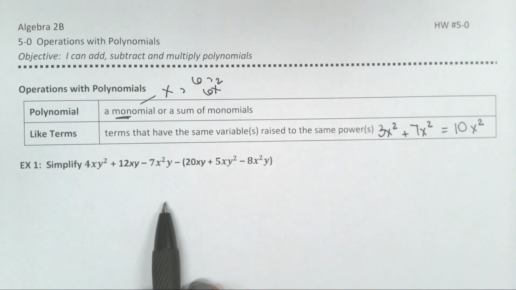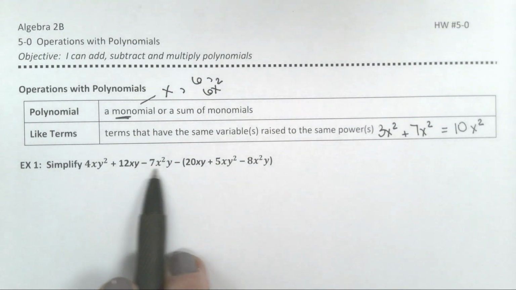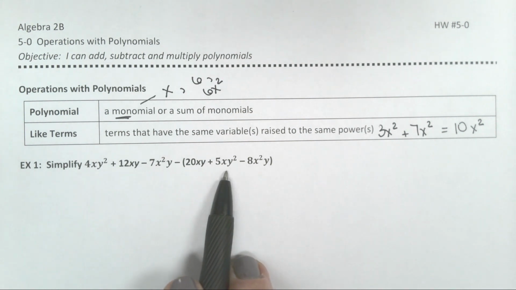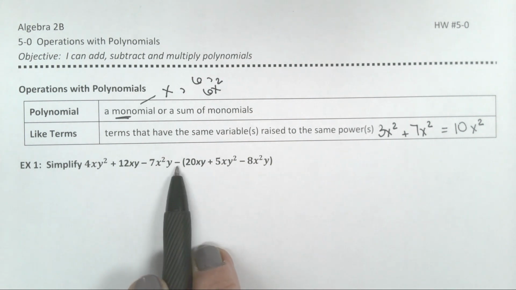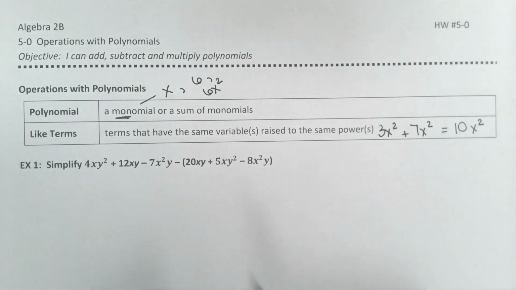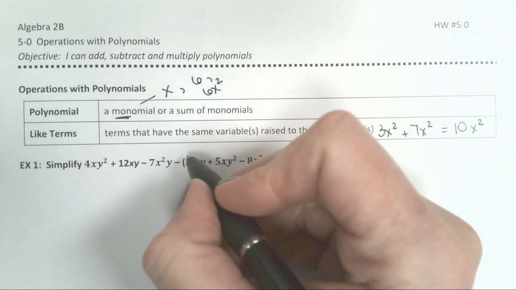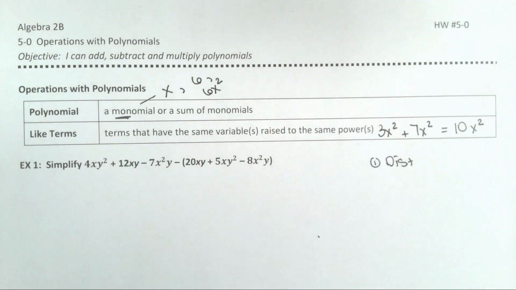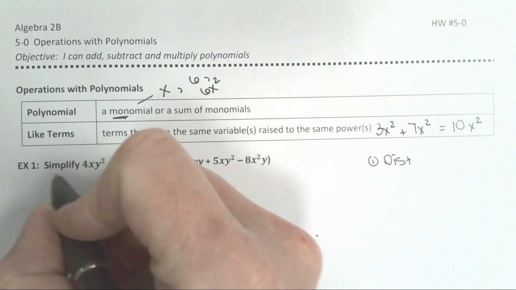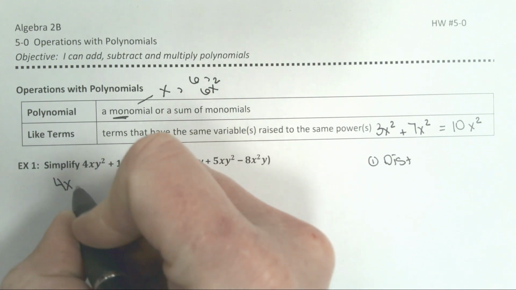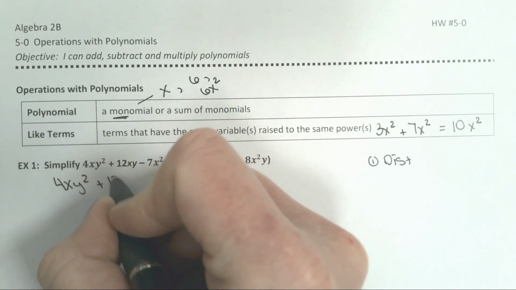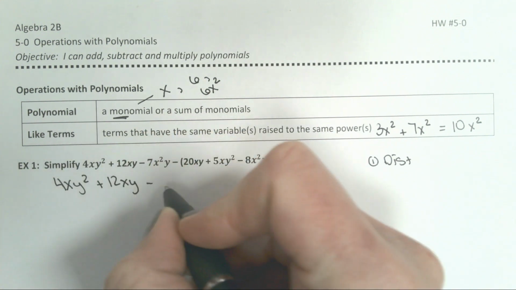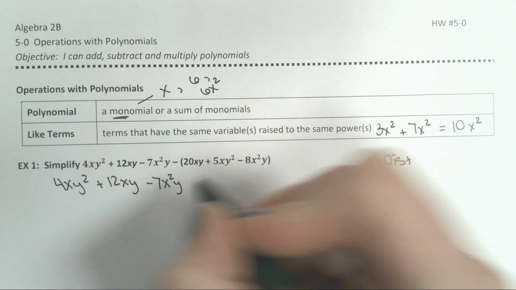So if I want to simplify something like what I have here, anytime that you have parentheses, you're going to have to remember to distribute. So the first thing we're going to have to do is to distribute to get rid of parentheses. So I have 4xy squared plus 12xy minus 7x squared y.